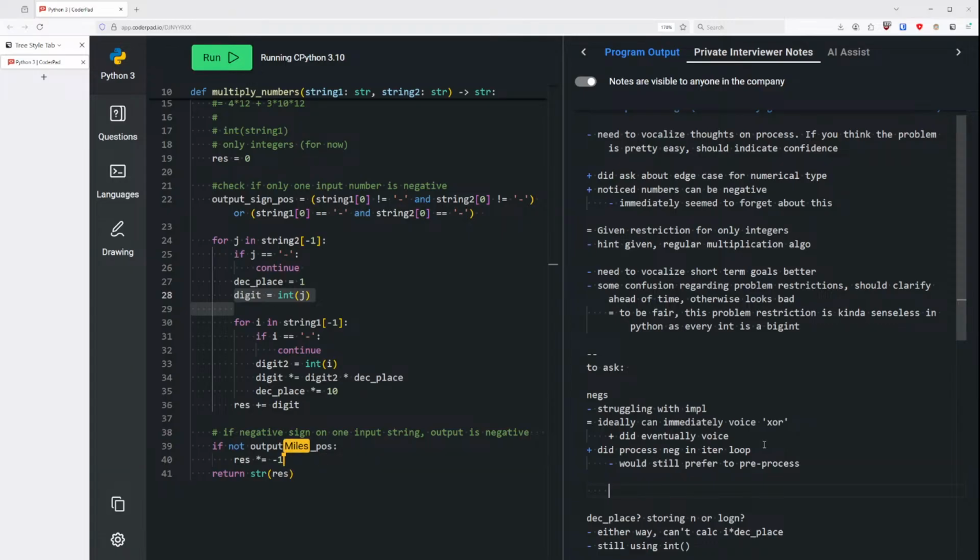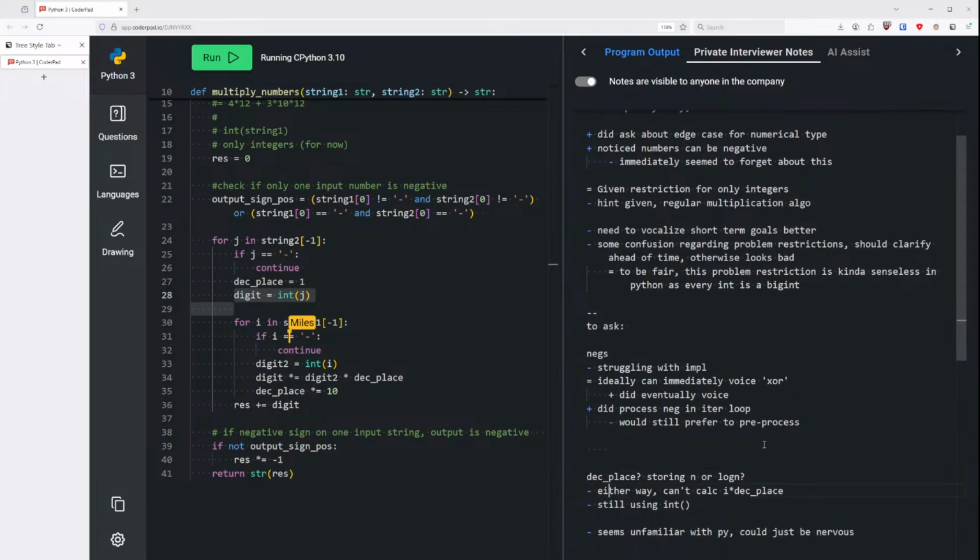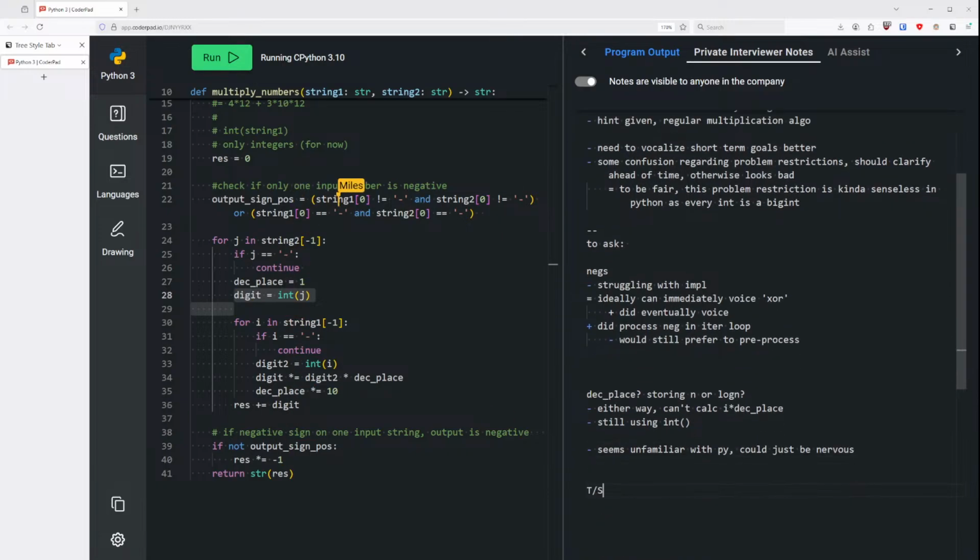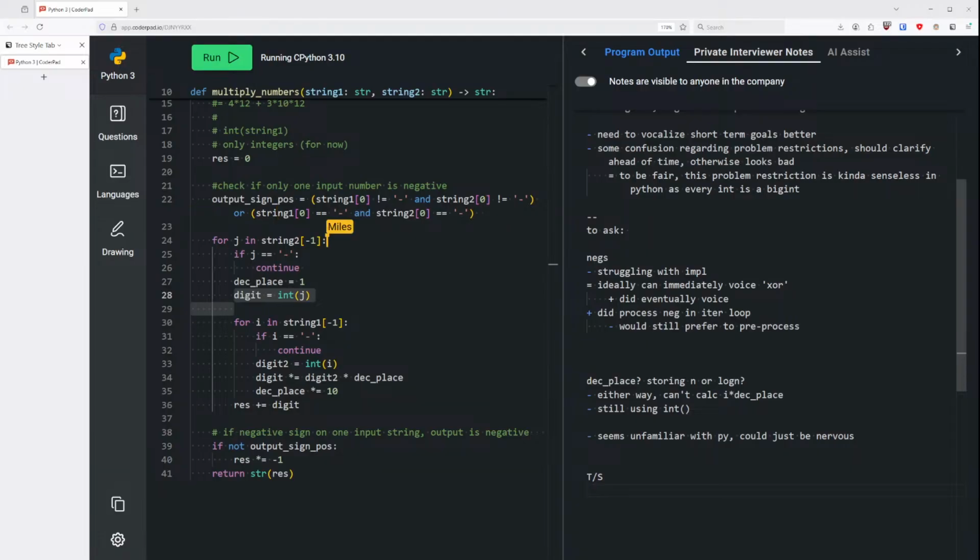Okay. So let's talk about the time and space complexity, please. Okay, well we're doing a simple check. This is O(1). And then we want to go through string 2 once, and then for each element of string 2 we go through string 1 once.